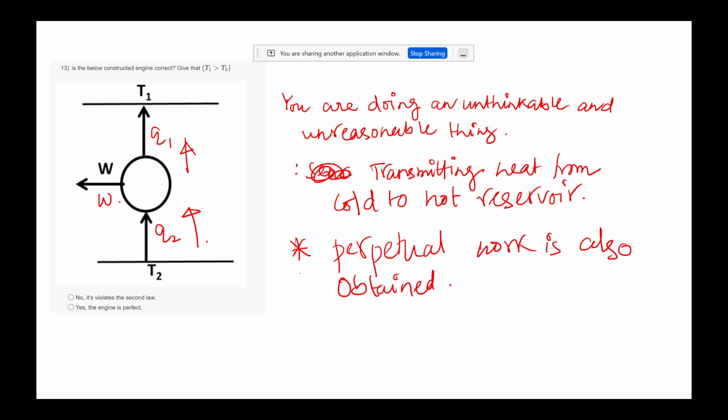So this violates the second law, surely.